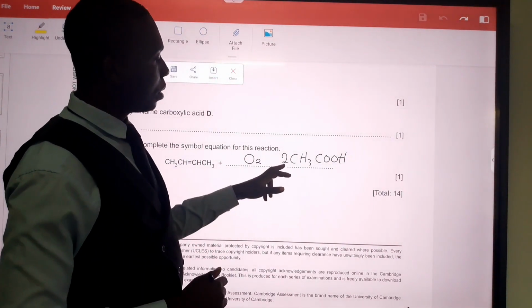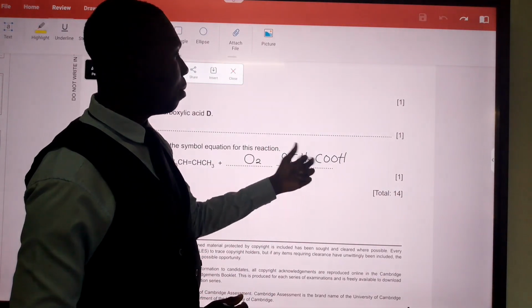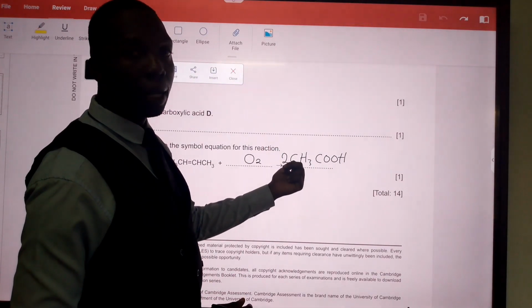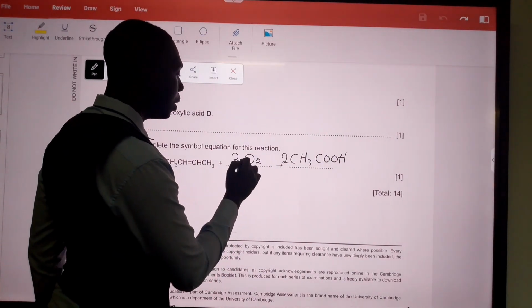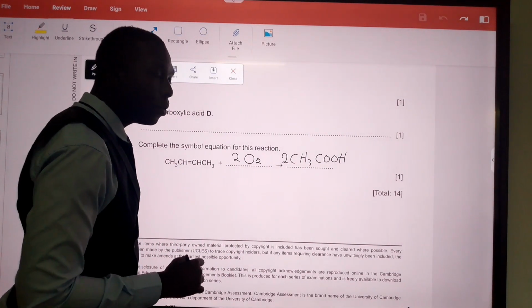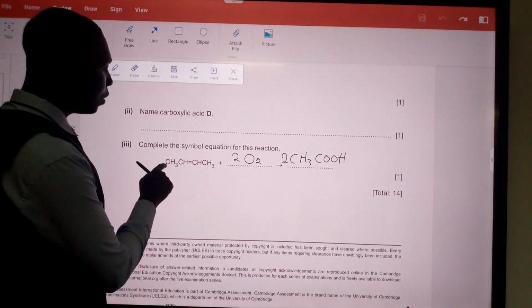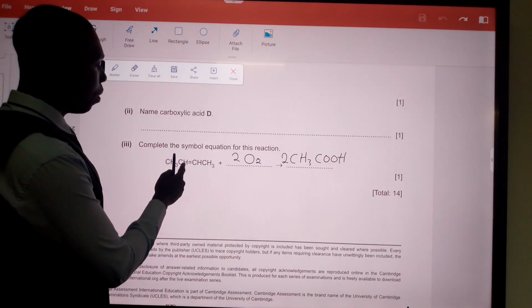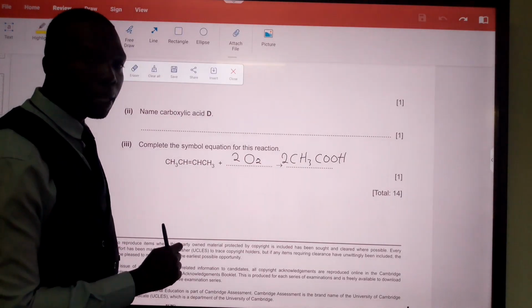Then when you introduce these 2, we have 2 oxygen atoms here. If you multiply by 2, it becomes 4 oxygen atoms. On the left we have 2, so to balance, we also put a 2 on this side. Let us also check whether the hydrogen atoms are balanced. On the left side we have 3 plus 1, which is 4, plus 1, 5, plus these 3 becomes 8.